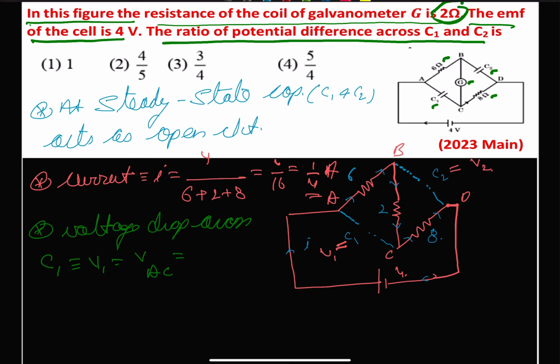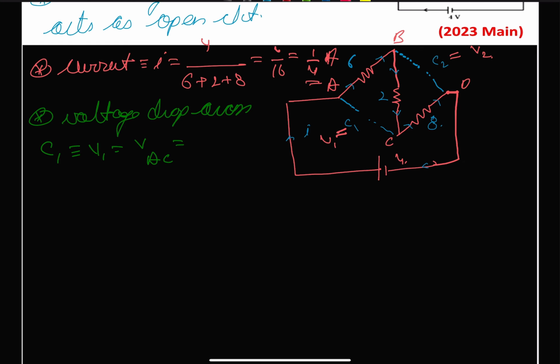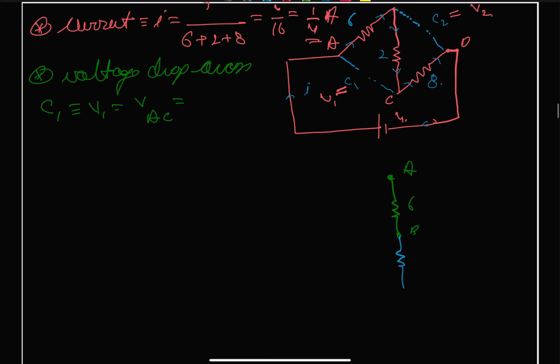And between A and C, we can just remodify this particular circuit, and let me draw it like this. So this is, suppose, our point A. Point A has a resistance between A and B, so this is 6 ohm, and between B and C we have a 2 ohm resistance.